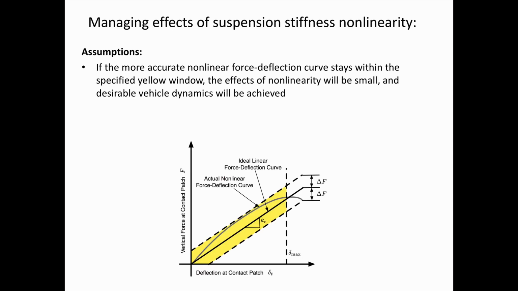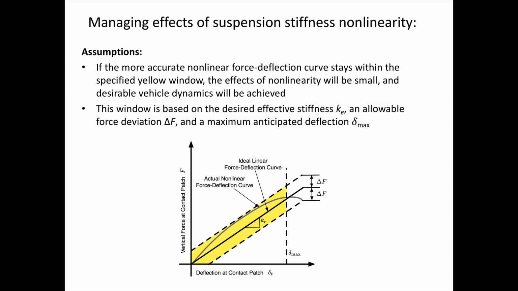Okay, so we're assuming that if the more accurate nonlinear force deflection curve stays within the specified yellow window, the effects of nonlinearity on the overall system behavior will be small and desirable vehicle dynamics will be achieved.